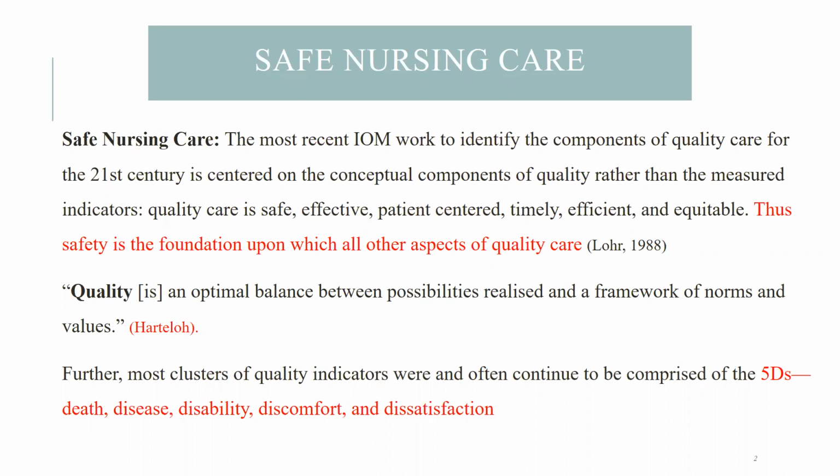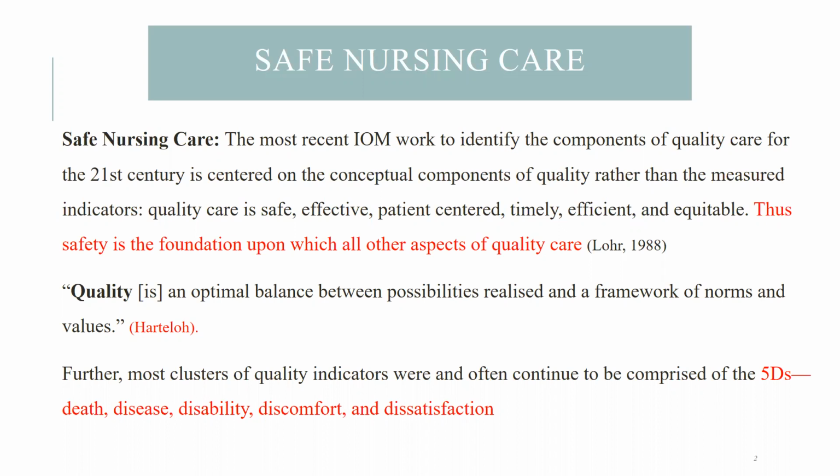They have identified the components of quality care for the 21st century, centered mostly on the conceptual components of quality rather than the measured indicators. And we will discuss that. What does it mean? Safe nursing care means that quality care is safe, effective, patient-centered, timely, efficient, and equitable. We will discuss this definition as we progress during the sessions.